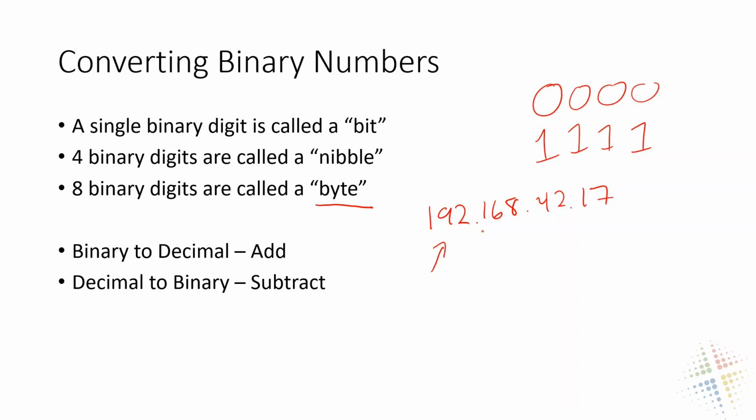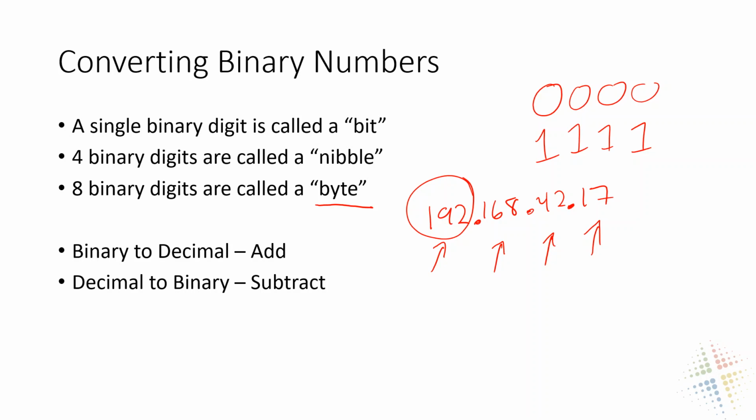So there's one byte with a dot, another byte with a dot, another with a dot, and the fourth one right there. So we have 4 bytes that we are working with. So we need to know how to convert this, for instance, this 192 into binary so the computer can understand it, and then back into decimal so that we can understand it.